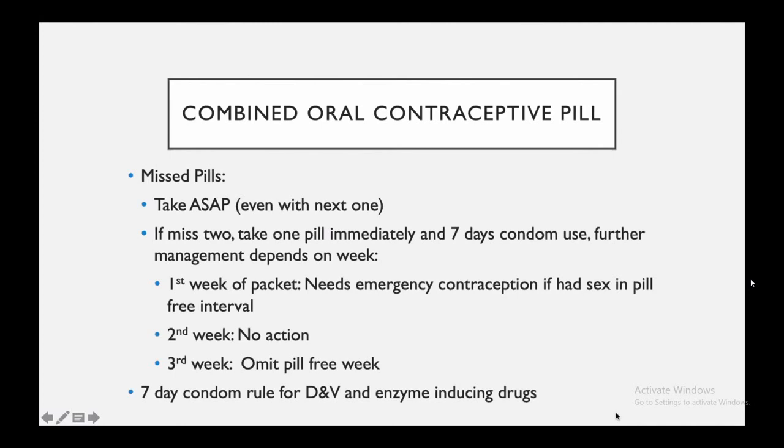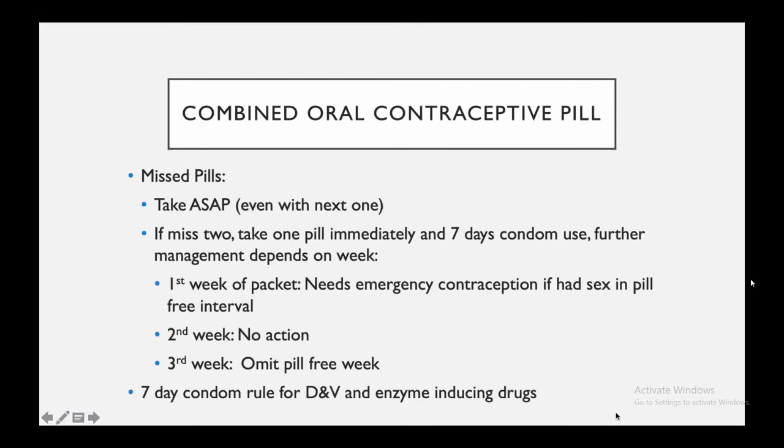It's important to note that your first 7 days of contraception are what prevents ovulation, and the rest of the 21 days is to maintain anovulation. And that's why these weeks come into play.